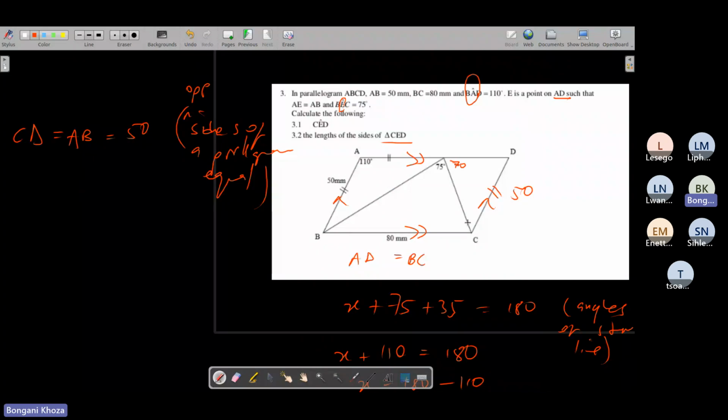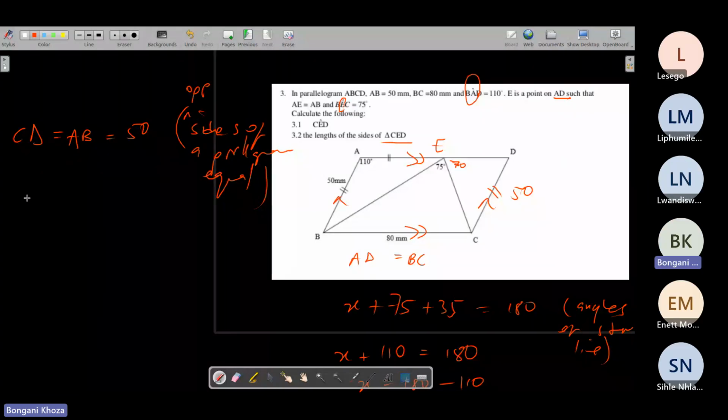So we are still solving the sides of this triangle over here. Right. Moving on. AD is equal to BC. We can write that. And the reason for that is still the same as this one. Opposite sides of a parallelogram are equal.